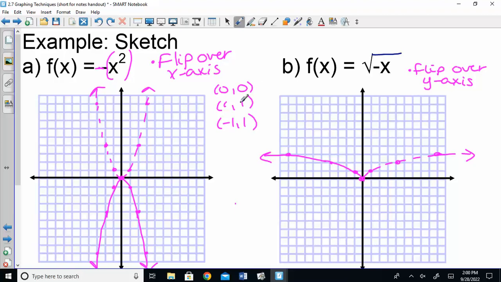So it would be taking these points and making the y's negative. And so when you do that, it puts them down here, so it flips it over the x-axis. And then this one was under the square root, so it's affecting my x's.